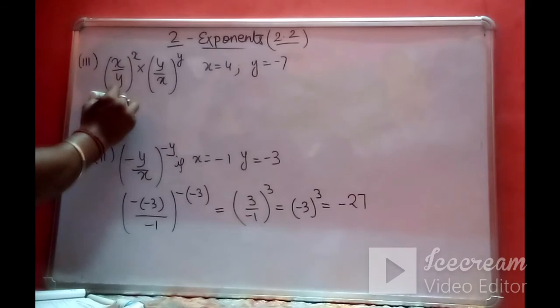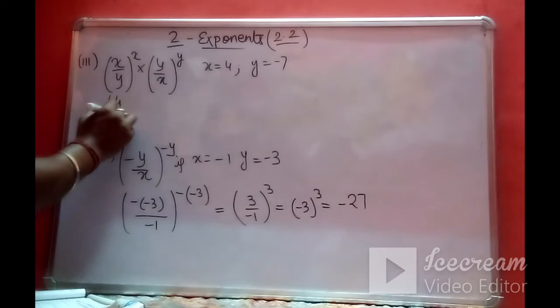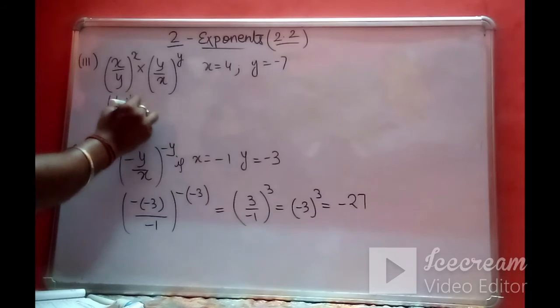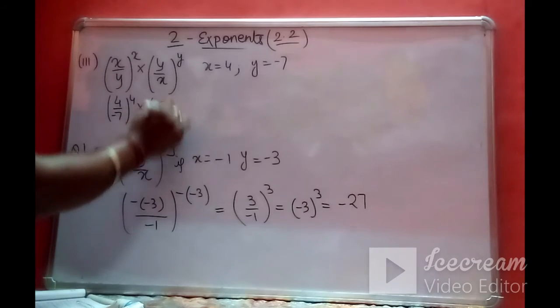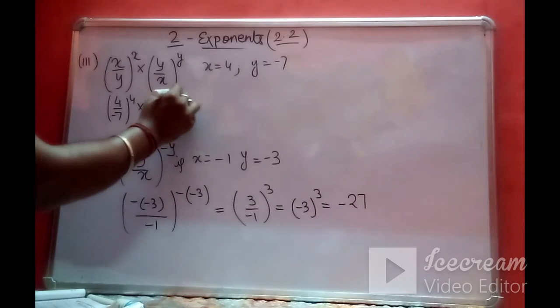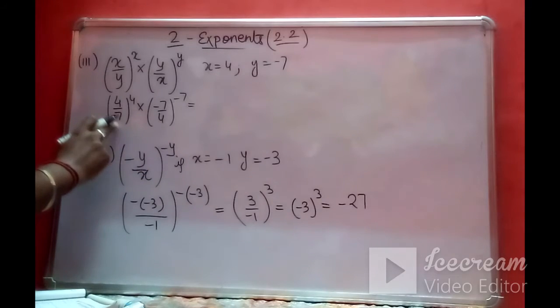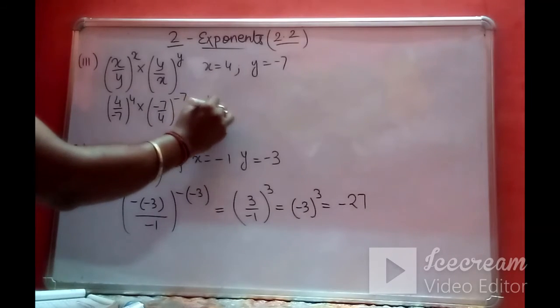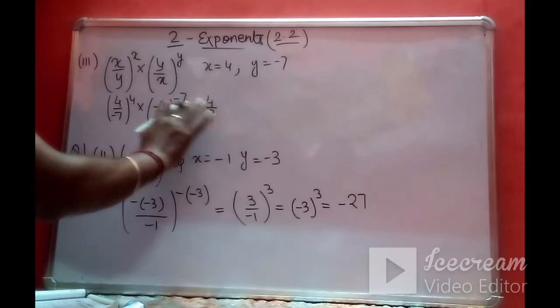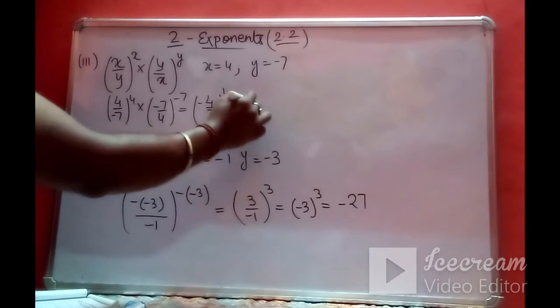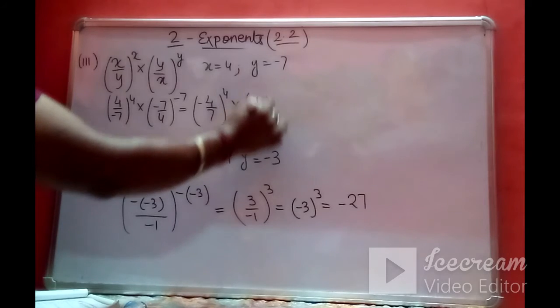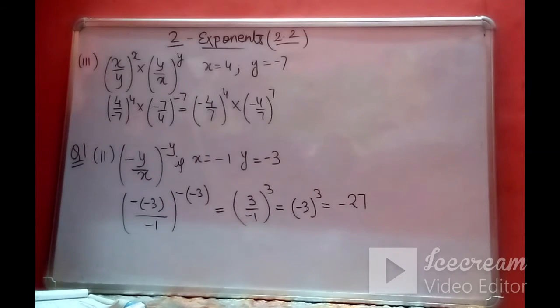So it becomes 4 upon minus 7 to the power 4 into minus 7 upon 4 to the power minus 7. So now we will make the bases same like we were doing. This minus sign we can write anywhere, and we will take the reciprocal. When we take the reciprocal, what happens?